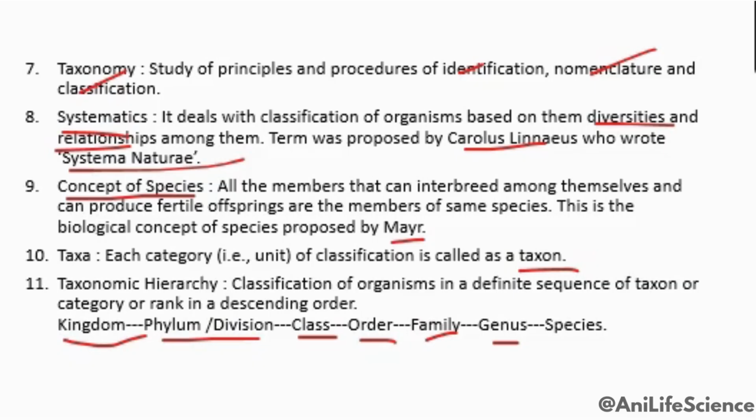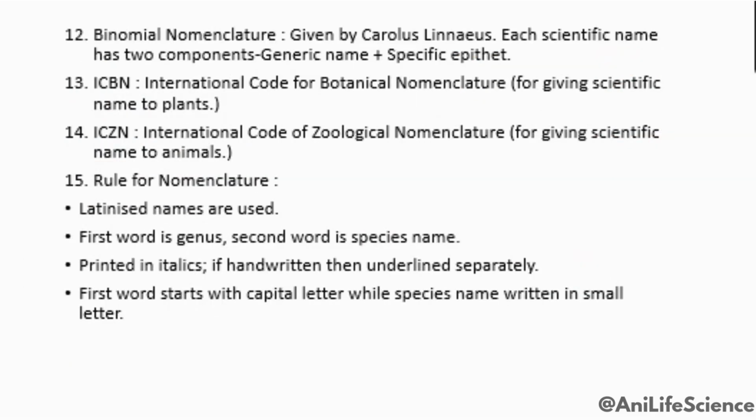Next is binomial nomenclature. The scientific naming of organisms, called binomial nomenclature, was also introduced by Linnaeus. It gives each organism two Latin names. The first name is the genus and starts with a capital letter, while the second name is the species and is written in lowercase.